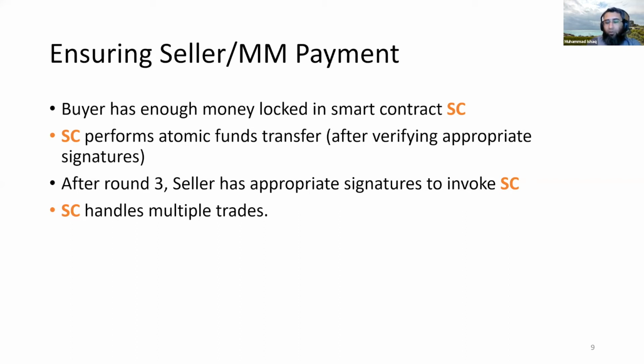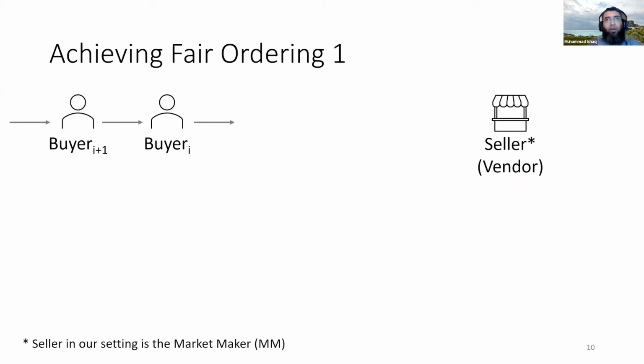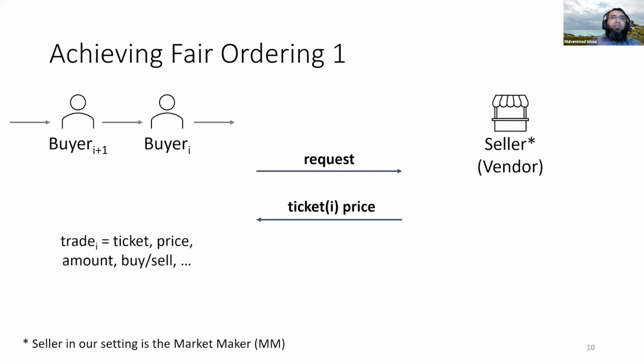So now, how do we achieve fair ordering from this? So one way to do this is that, say we have a queue of buyers. Buyer I is at the front of the queue right now. So he speaks to the seller, sends a request, gets a ticket and a price. He prepares a trade object. Importantly, it contains the amount or the quantity that it wants to buy or sell, the type of trade, buy or sell, and sends it over.